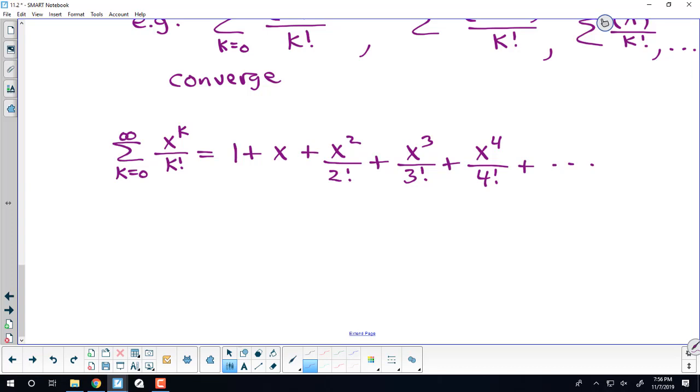That was the fourth Taylor polynomial, the fourth order Taylor polynomial for e to the x. So actually, we could easily show with what we know now that this is e to the x for all x. And that series is e to the x, and we've just shown that it converges for any value of x, or all values of x, rather.